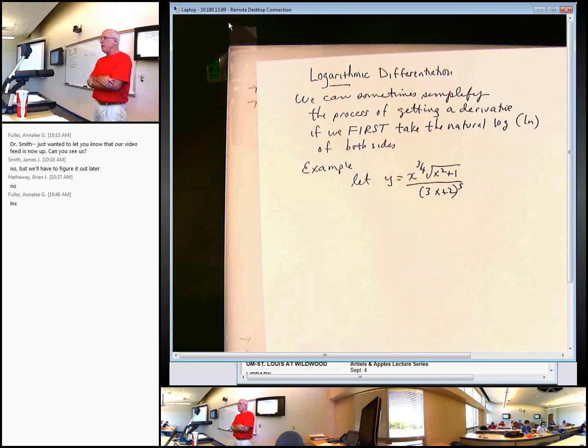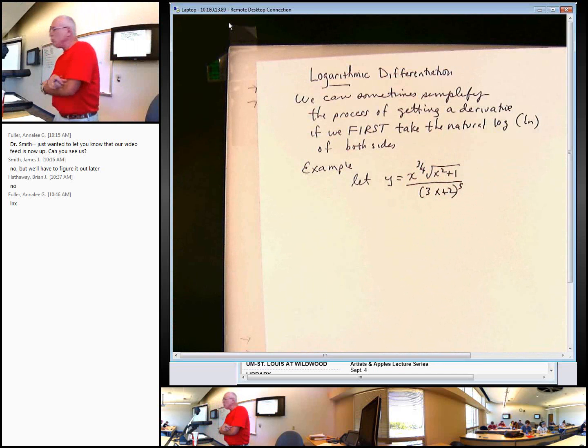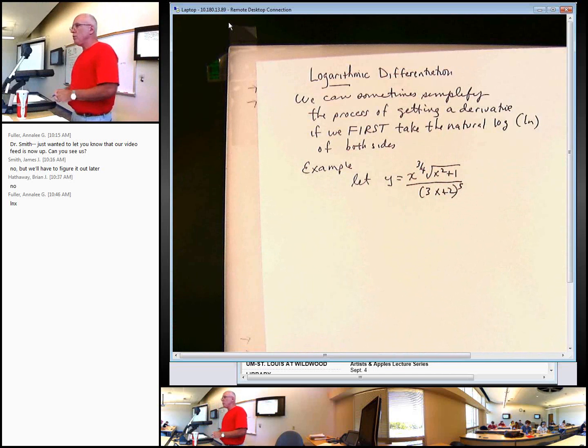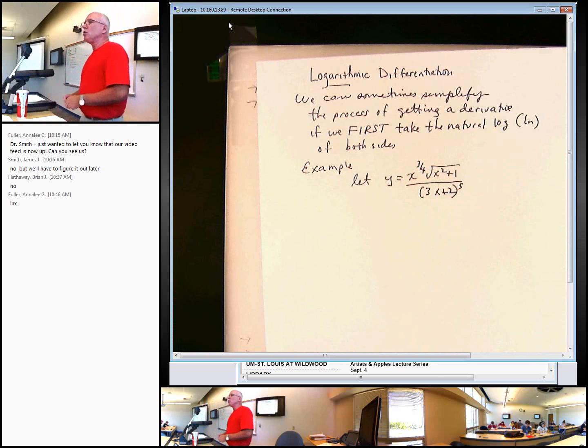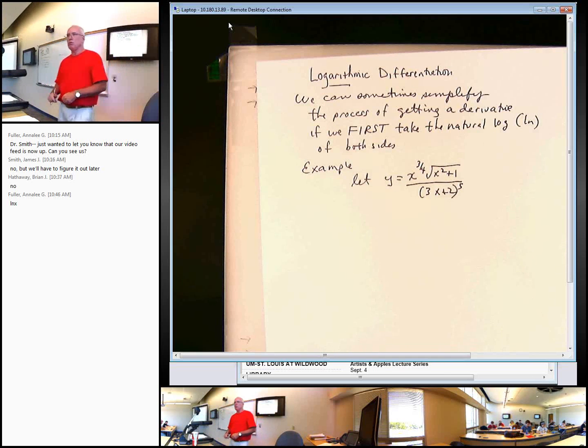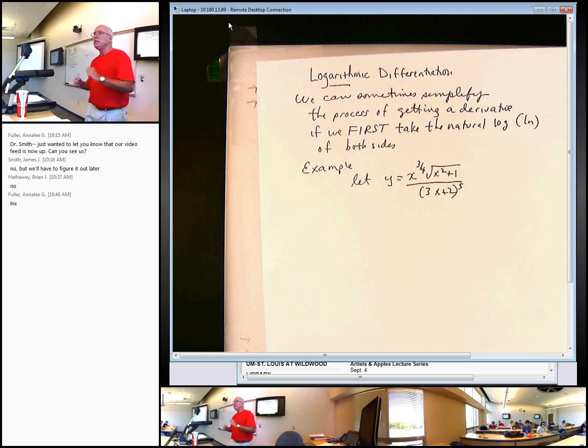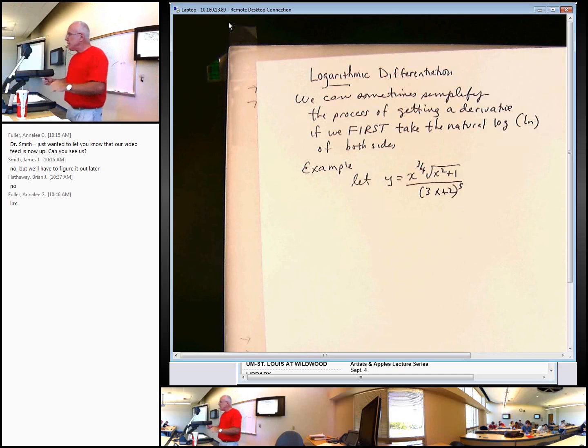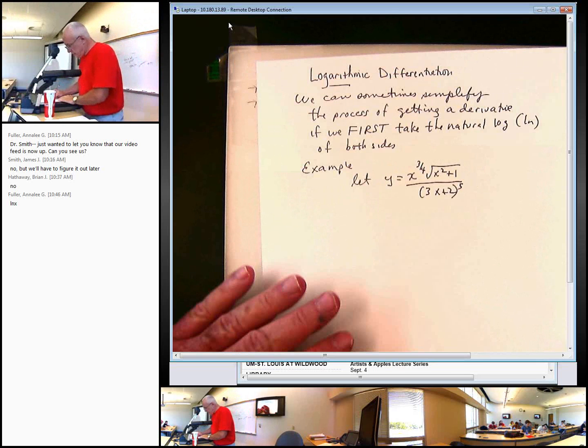Oh, this looks fun, doesn't it? Okay, so of course you could slug through this by doing the quotient rule, all right? And slogging through it is more like it. There's an easier way to do this one. Let's take the natural log of both sides.